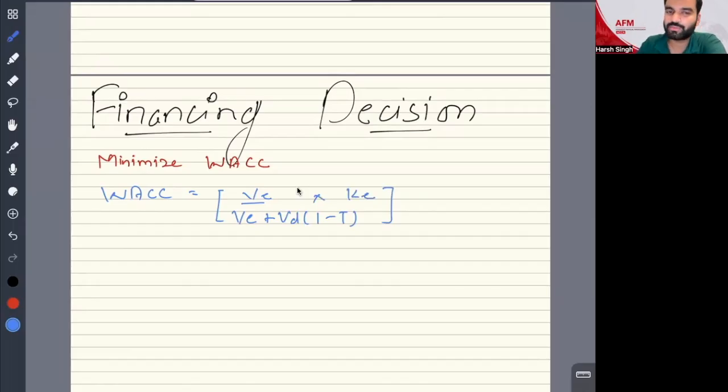Sometimes you multiply it and then add, it is absolutely fine, doesn't matter much. Then value of debt upon value of equity plus value of debt, 1 minus t, multiplied by cost of debt. If you have preference capital, you can add that as well. If you have a bank loan, add that as well. You just keep on adding all the things over there.